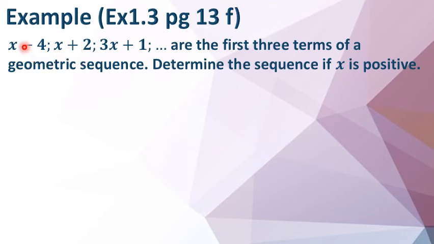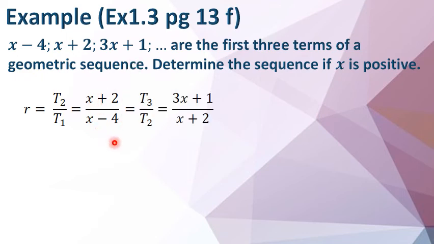It means R, which is the second term divided by the first term, so x plus 2 divided by x minus 4, that will be exactly the same. T2 divided by T1 will most definitely 100% guaranteed be equal to the third term divided by the second term, because they have told us that this sequence is geometric.